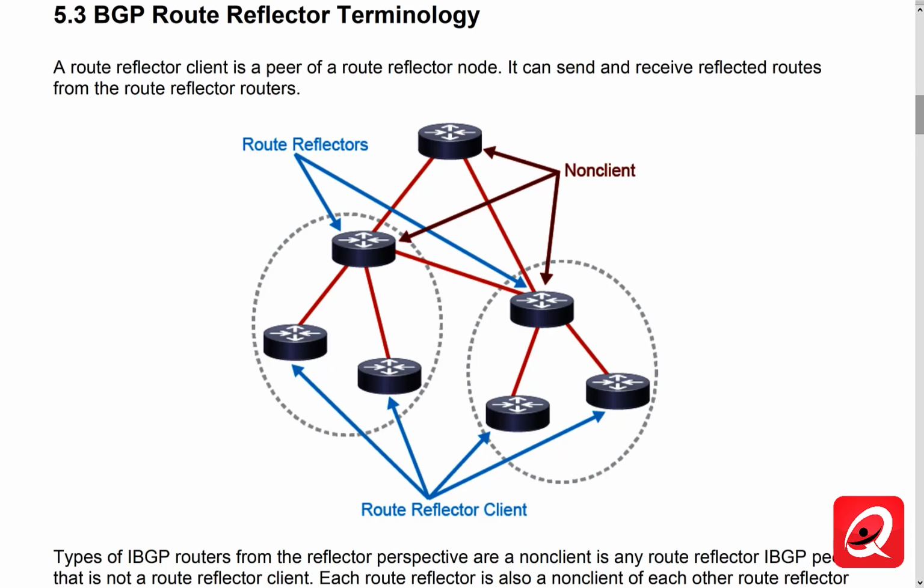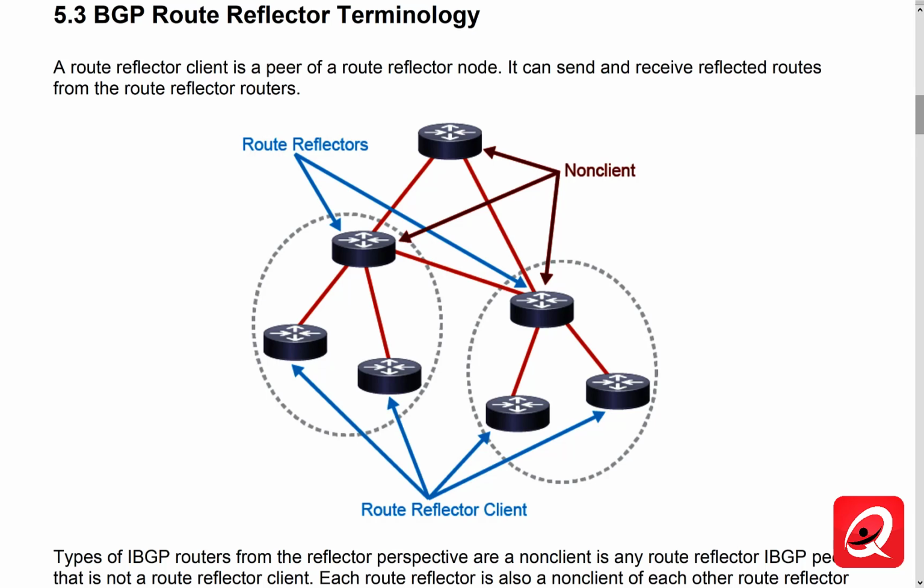And we mentioned this a couple of different times. It's just not really feasible to have a full mesh of iBGP peers, especially as you add more and more routers. In addition, those iBGP peering sessions, because BGP is an application layer protocol, it operates over TCP, that could consume quite a lot of bandwidth.